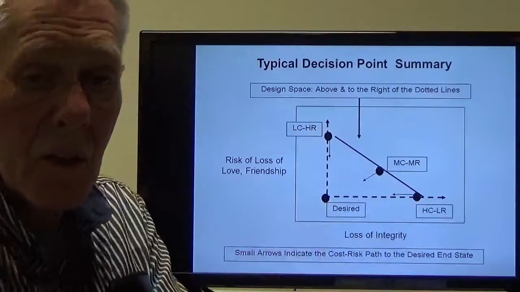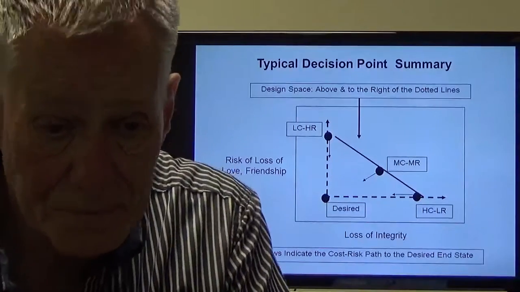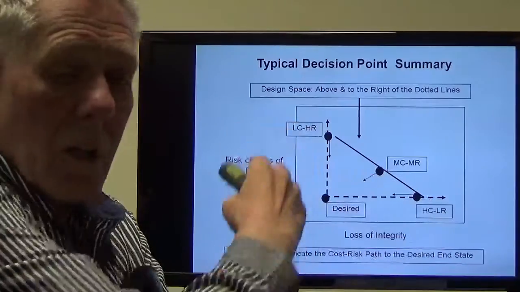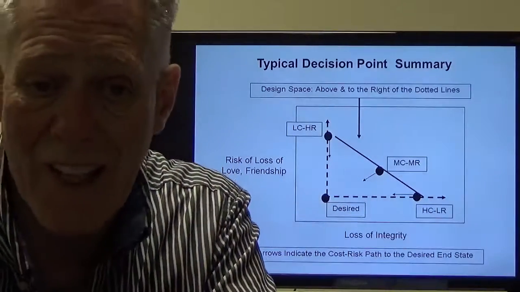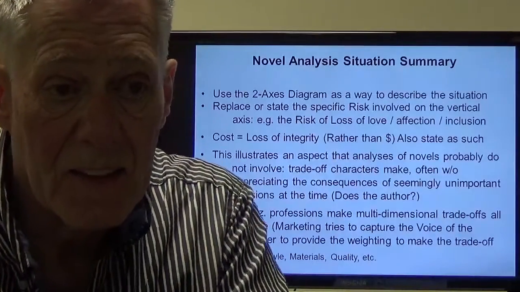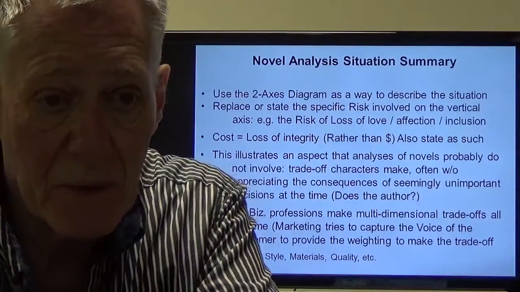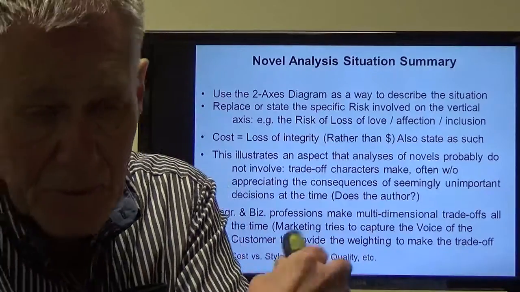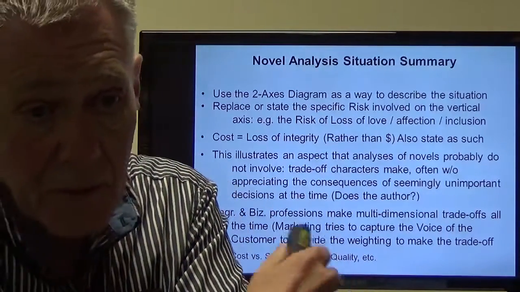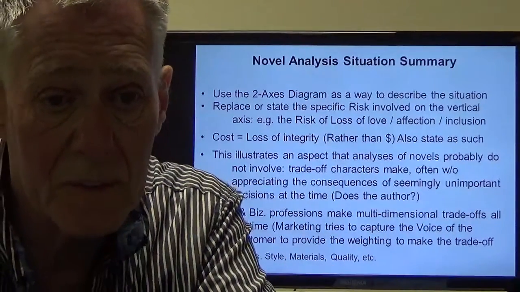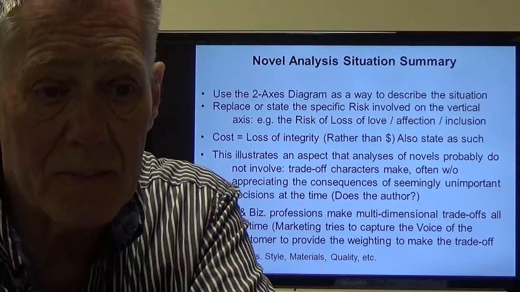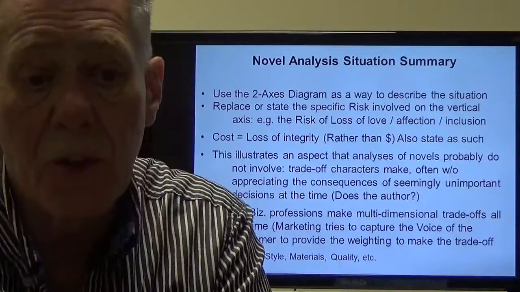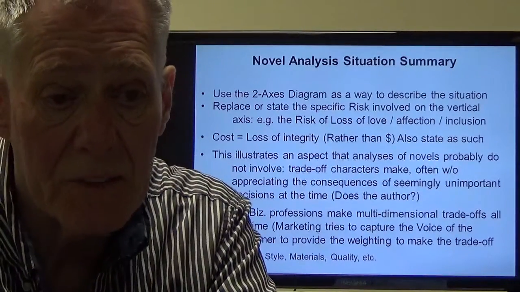and then the alternative. And so you would then be generating other options, perhaps along an imaginary line like that. So you use the two-axis diagram to describe the situation, and then label it accordingly in terms of the risk and cost specific categories, and then look at what the character actually has to do in terms of making the trade-off.